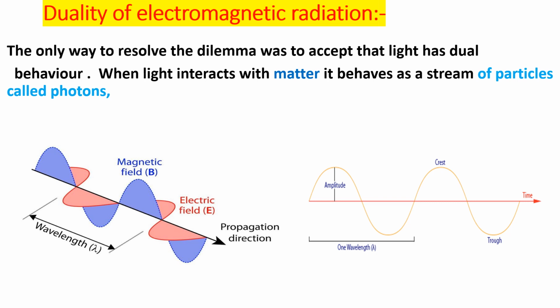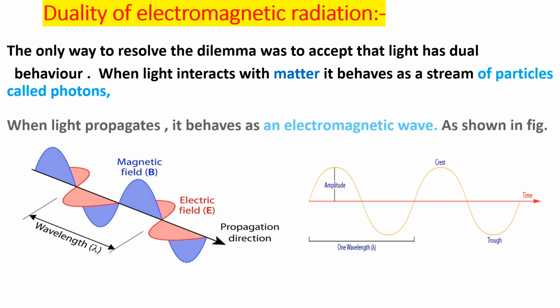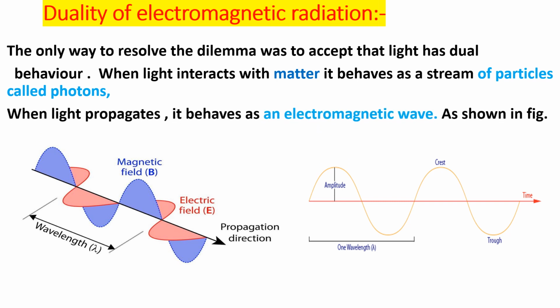First, when light interacts with matter, it behaves as a stream of particles called photons. When light propagates, it behaves as an electromagnetic wave.